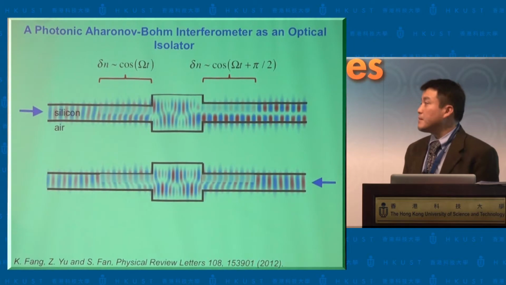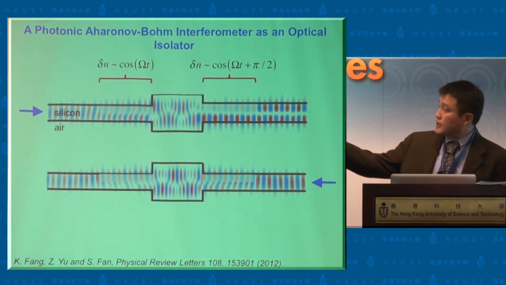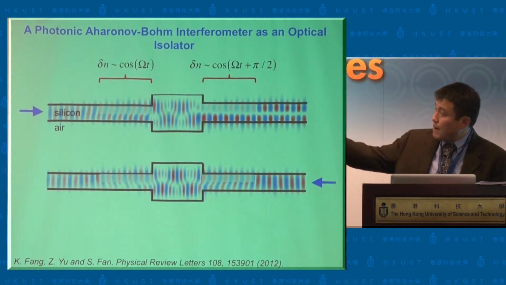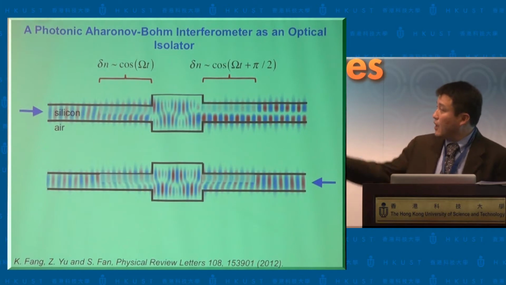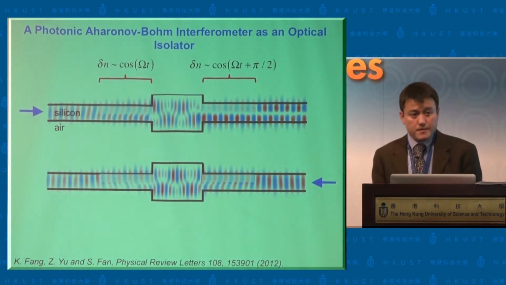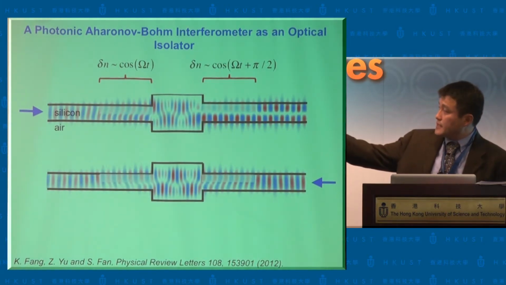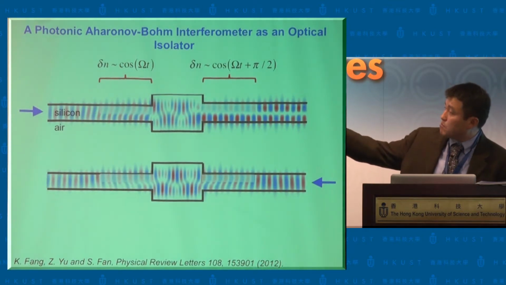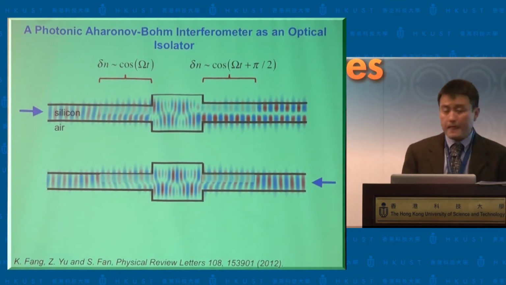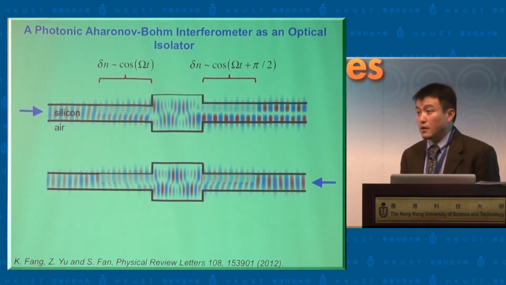So as an implementation, you can imagine taking a silicon waveguide, modulating one part of the silicon waveguide, and modulating another part of the silicon waveguide with a pi/2 phase difference. In this case, you can see that an even mode coming in gets a complete modal conversion to the odd mode, and the even mode coming from the right actually does not go through modal conversion.